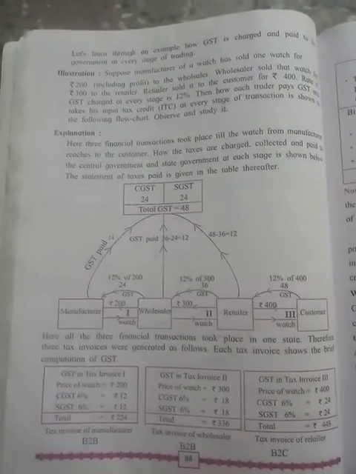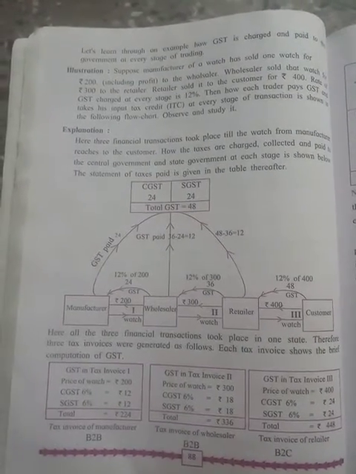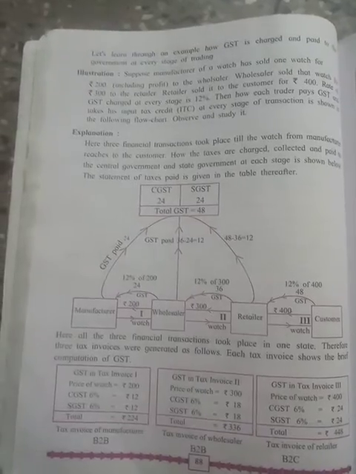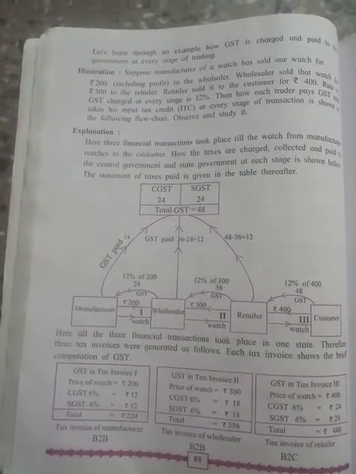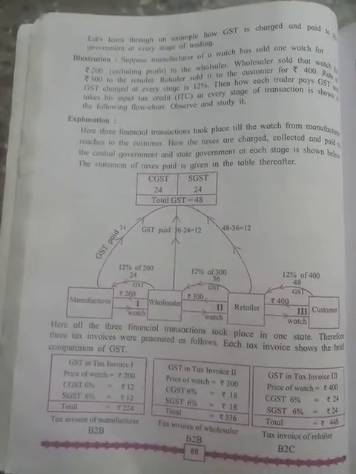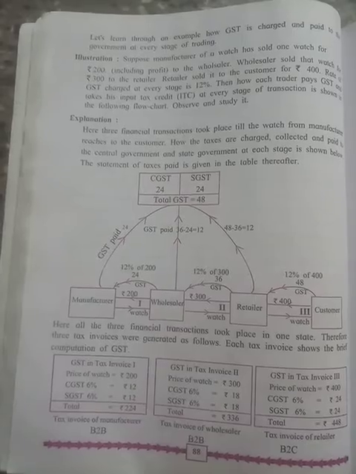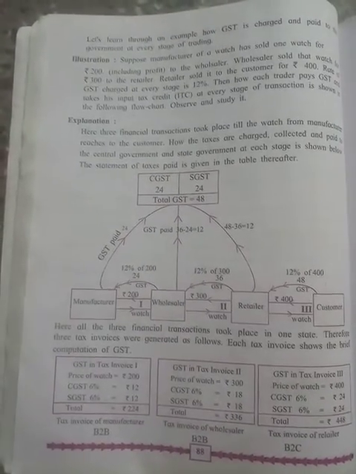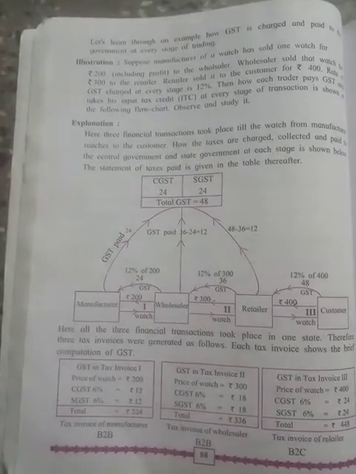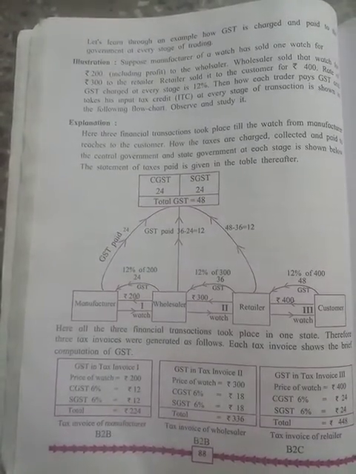Suppose a manufacturer of a watch has sold one watch for rupees 200. He sold this watch to the wholesaler, and further this wholesaler sold this watch for rupees 300 to the retailer, and the retailer sold it to the customer for rupees 400.